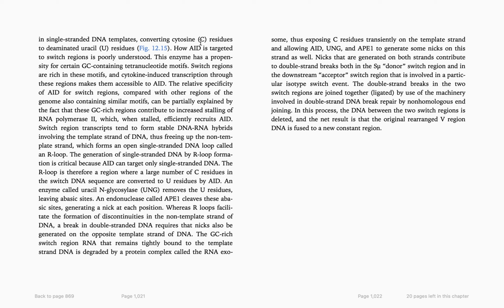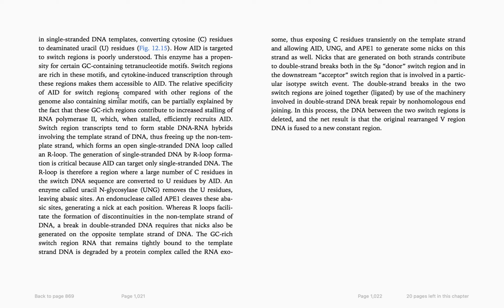How AID is targeted to switch regions is poorly understood. The enzyme has a propensity for certain germinal center-containing tetranucleotide motifs. Switch regions are rich in these motifs, and cytokines induce transcription through these regions, making them accessible to AID.